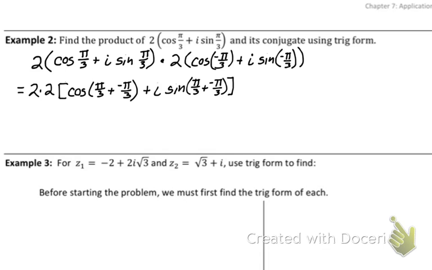So I did what I was supposed to. When I multiply my moduli, I add my arguments. So that's my 2 arguments. Well, 2 times 2 is 4 last time I checked. I haven't checked recently, though. That's going to equal cosine of, that's 0, plus i times sine of, that is also 0.